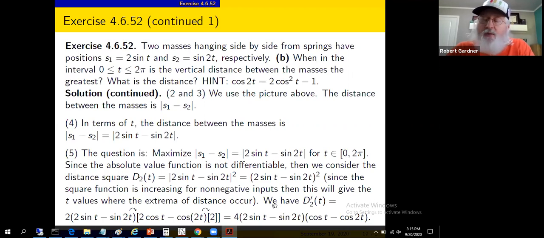It's an increasing function, and for non-negative inputs, it preserves inequalities. So if we differentiate this function, okay, composition, bring the 2 out front, rewrite the stuff inside, use a chain rule, derivative of inside, derivative of sine is cosine, derivative of sine is still cosine, except we've got 2t inside, so chain rule, again, spits out a 2.